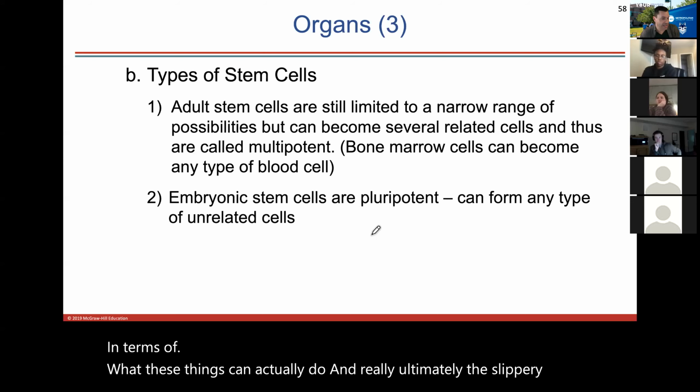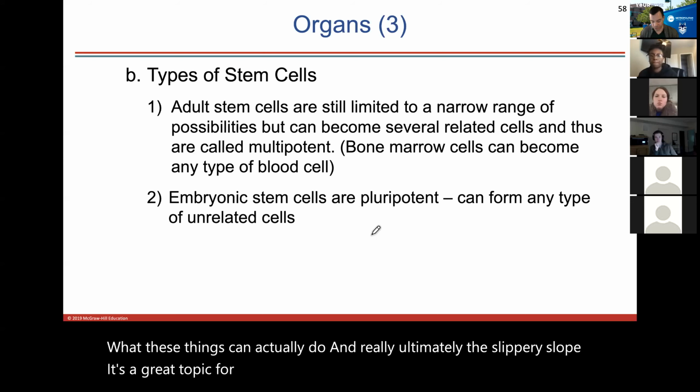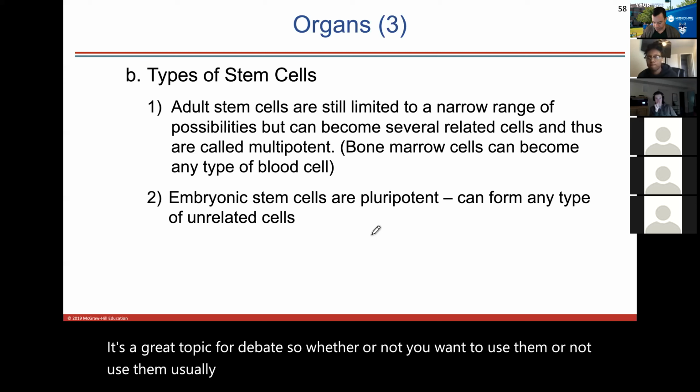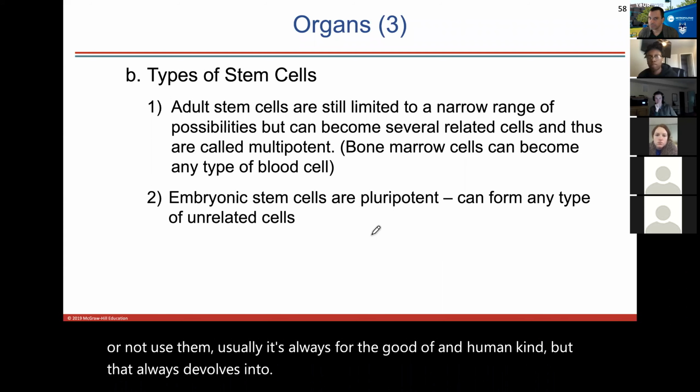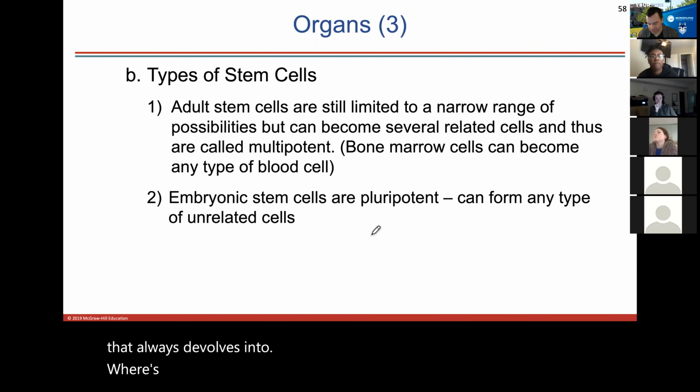It's a great topic for debate. Whether or not you want to use them, usually it's always for the good of health and humankind, but that always devolves into where's the line? What's disease? And all of a sudden you're coding for blue eyes only, and only robust musculature, and yada yada yada. And there's the slippery slope.